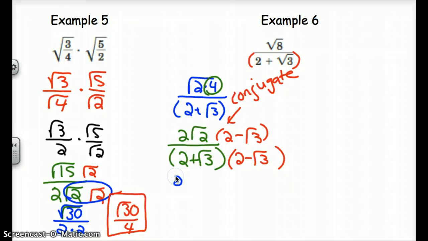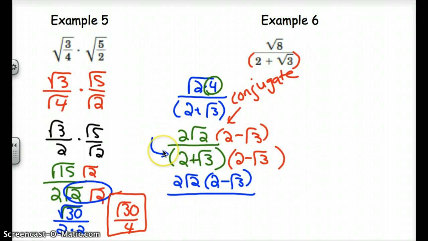I have 2 root 2 times the quantity 2 minus root 3. Now, remember, you're multiplying a binomial by a binomial, so you're going to use FOIL: first, outer, inner, last. My first, 2 times 2 is 4. Outer, 2 times minus root 3 is minus 2 root 3.